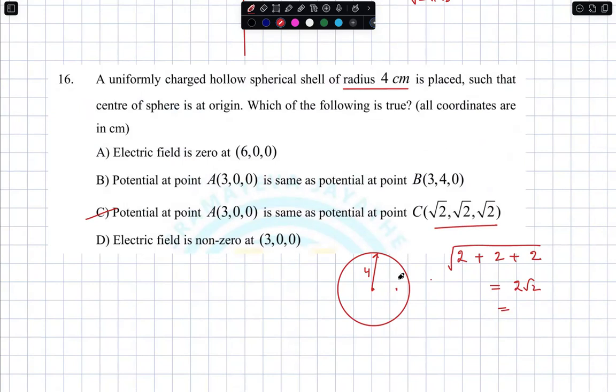So both the points lie within the shell. In case of C, they will be at the same potential. Correct. But whereas if this point is inside and this point is outside, they will have different potential. Electric field is non-zero outside the shell. Electric field is non-zero inside, wrong. It is 0 at 3, 0, 0. So this is wrong. At least if you don't find C on the basis of ABD, you can identify the correct answer.